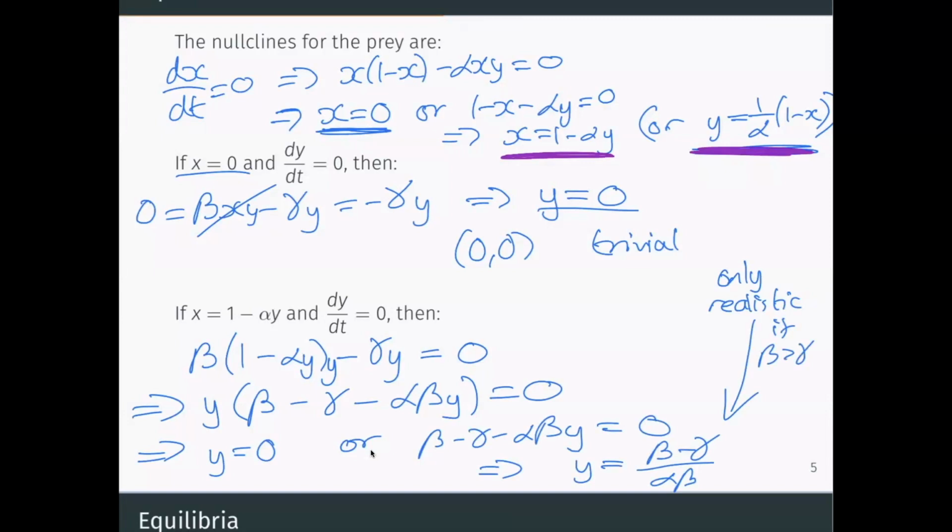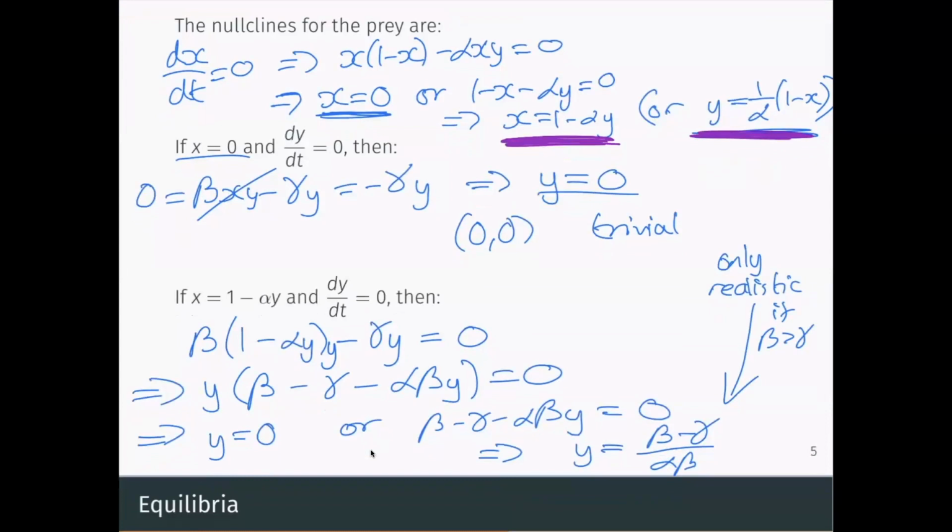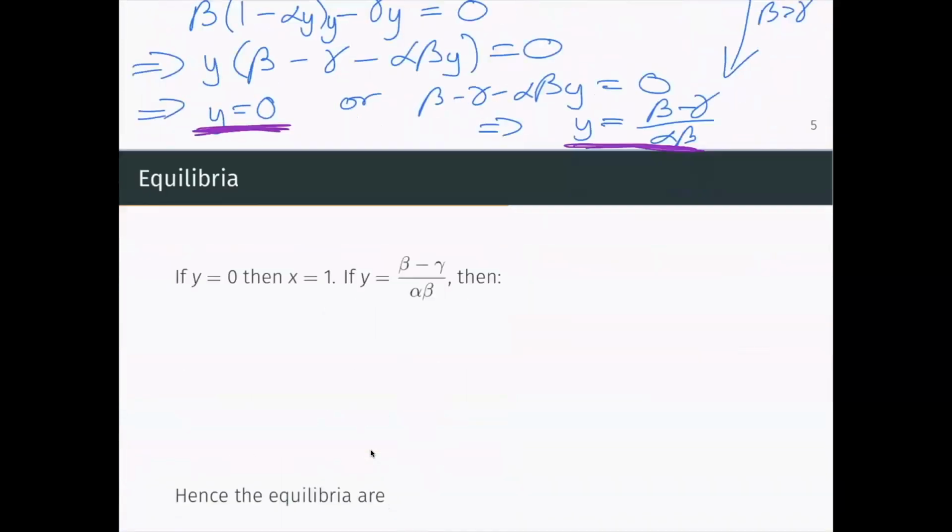So here we saw that when we're on this purple null line, when x is equal to 1 minus alpha y, either y is equal to 0 or y is equal to (beta minus gamma) over alpha beta. So we have 2 equilibria on this second null line.